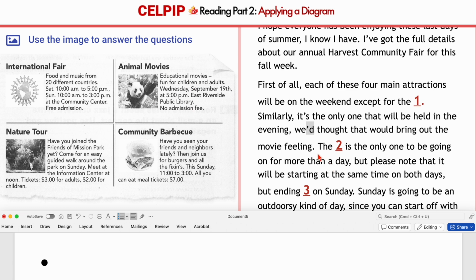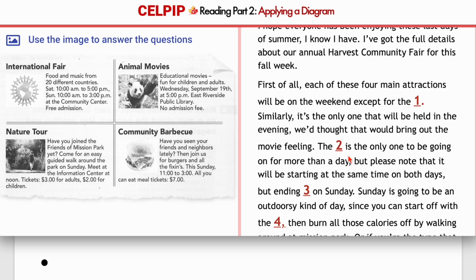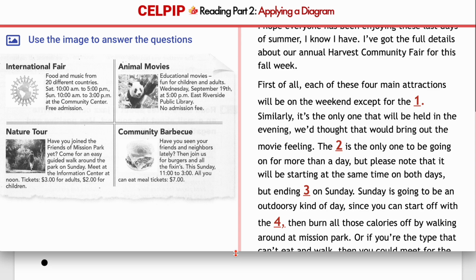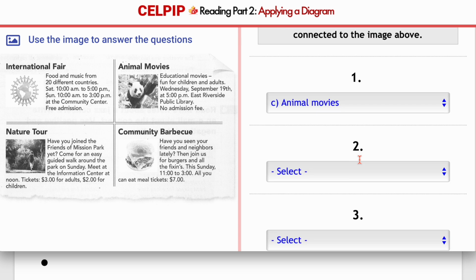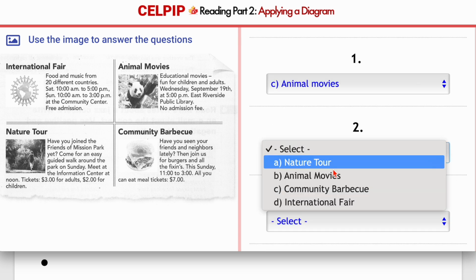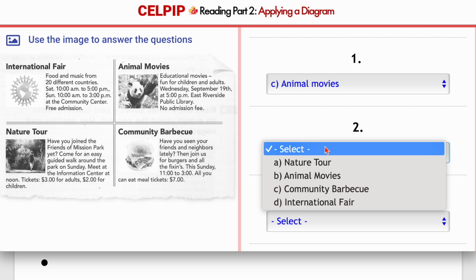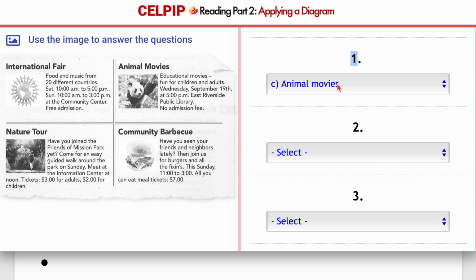Now, the 2 is the only one to be going on for more than a day. But please note that it will be starting at the same time on both days, but ending 3 on Sunday. Okay, so then what is that one? Again, number 2, the selections are Nature Tour, Animal Movies, Community Barbecue, International Fair.